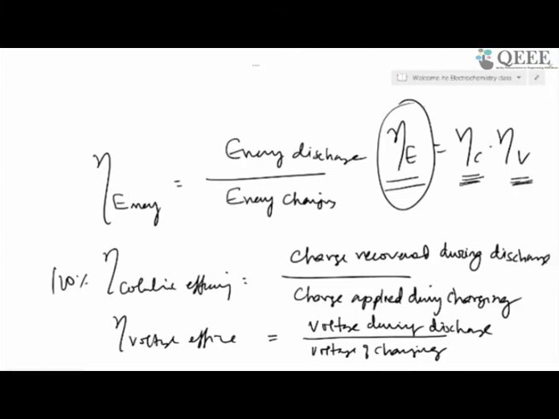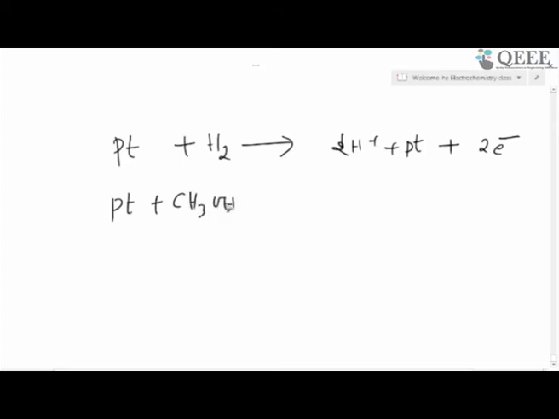Is it possible to use any fuel in fuel cells? In principle, yes, but there are some practical constraints. For example, suppose I use platinum to oxidize hydrogen gas. It will produce 2H+ and 2 electrons; platinum is a catalyst, so it will remain. Suppose in place of hydrogen, I use methanol.